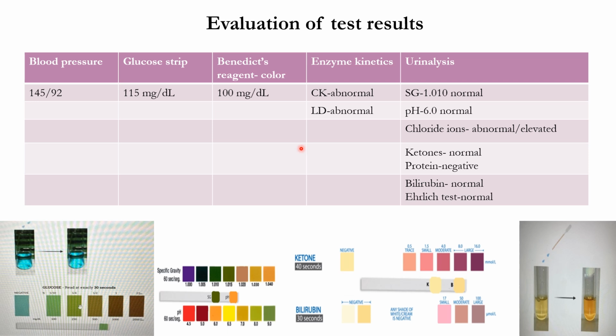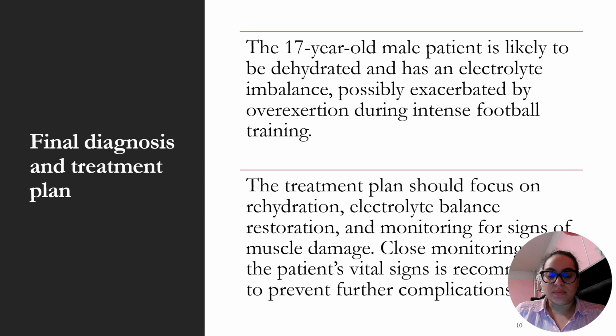The glucose strip and the Benedict reagent color are within normal ranges, ruling out diabetes as a cause of the symptoms. The normal pH and negative protein, bilirubin, and Ehrlich test results indicate no signs of kidney or liver dysfunction. The normal ketone levels suggest no immediate concern for diabetic ketoacidosis.